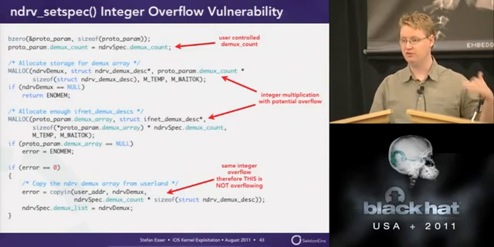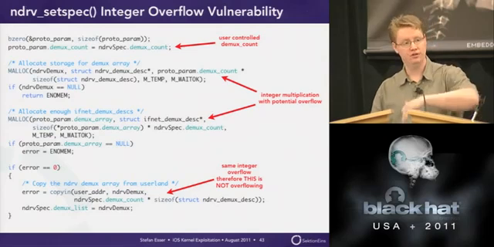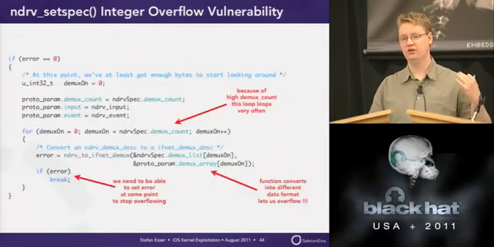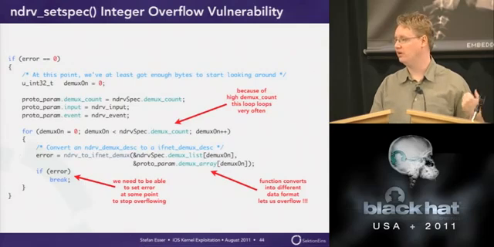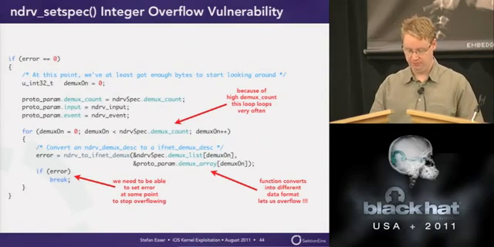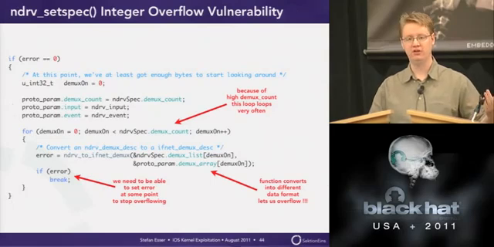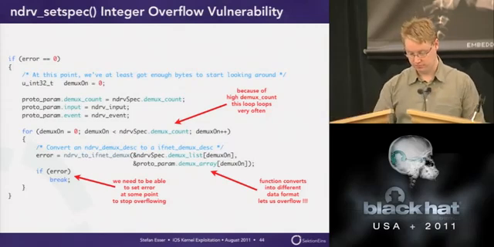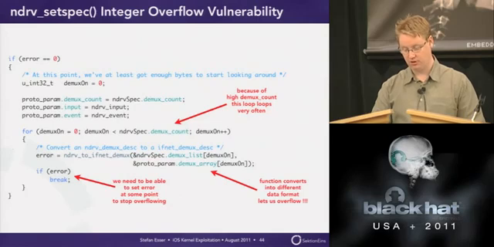For the buffer overflow, you have to go to the end of the function. There you see that it loops through all the input and converts it into a different format. You also see there's an error condition you can trigger so that the loop breaks, so you don't copy until the end of the memory and crash.